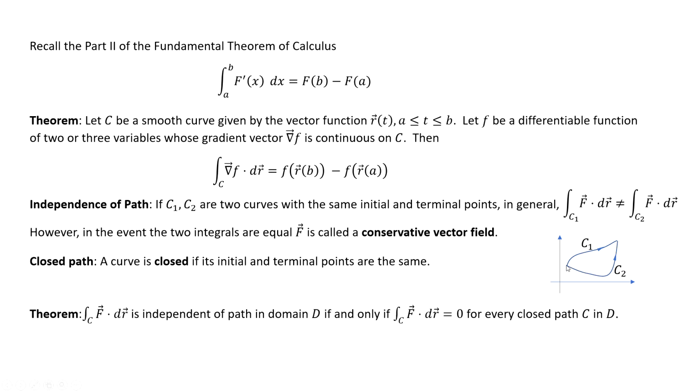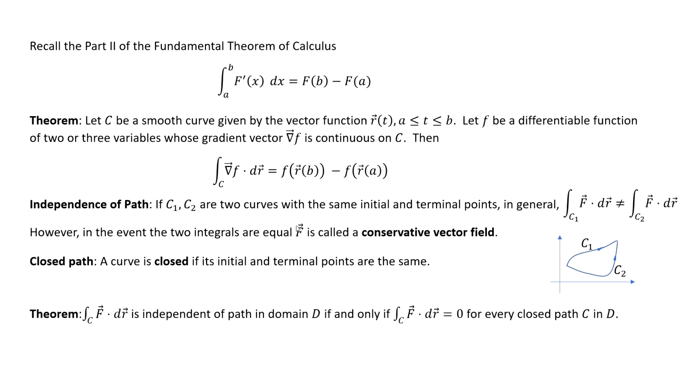Now pay attention to my question. If by going from this point to this point, I get a value of 3, what should I get if I integrate from this point to this point? If I reverse the points, what should that integral be? Earlier we talked about a curve being called negative c if you flip the starting and terminal points.